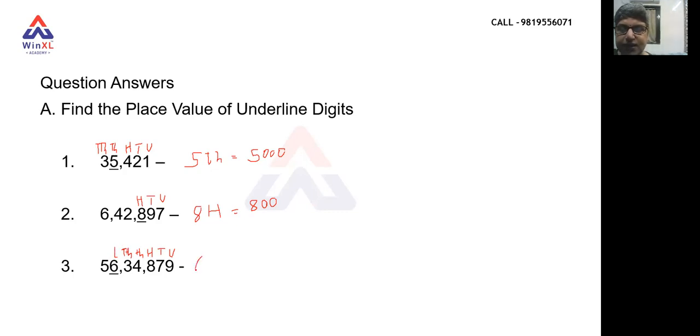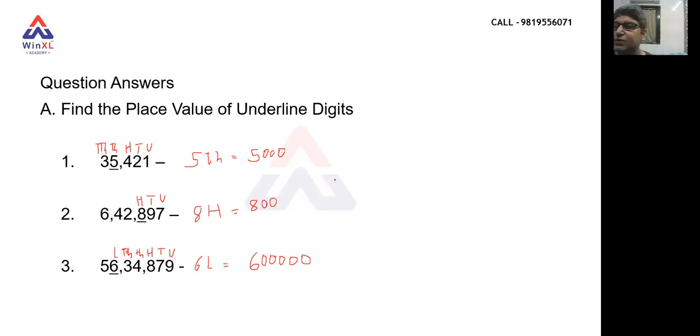So we write here 6 lakh and put 5 zeros on it, as there are 1, 2, 3, 4, 5 digits after 6. So the place value of 6 is 6 lakh.